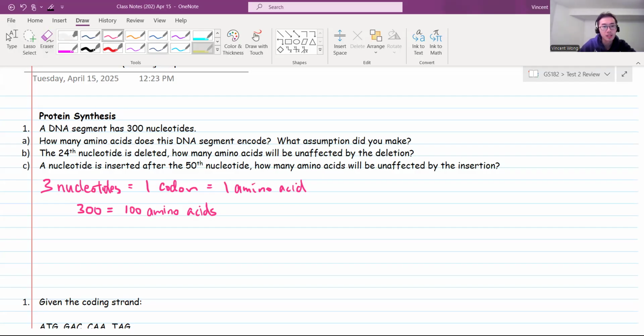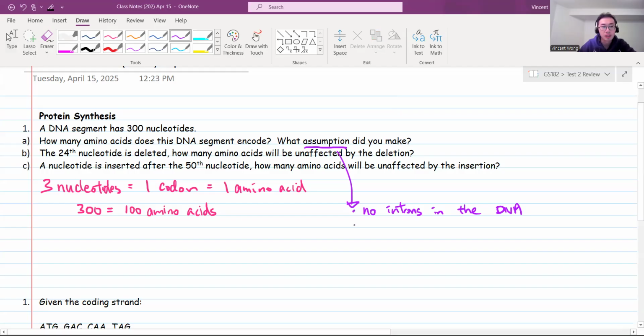What assumption did you make? Well, a couple of assumptions here. I'll write the assumptions in purple. Number one, no introns in the DNA. Everything is expressed, everything is converted into amino acids, and you didn't cut anything out. Introns are non-coding regions that need to be removed during post-transcriptional modifications.